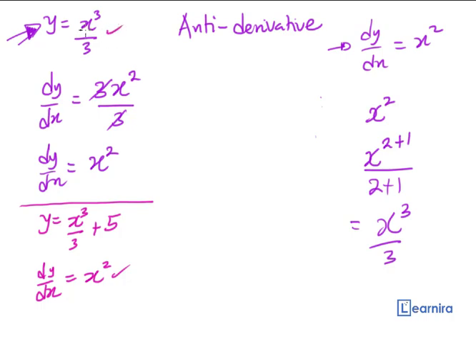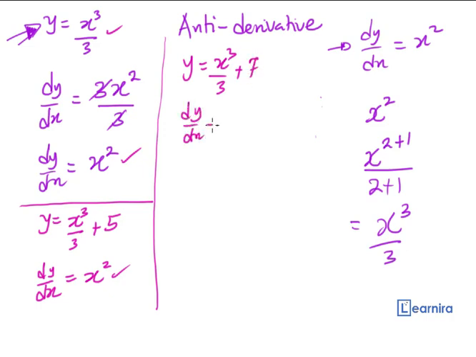I differentiated x raised to the power 3 all over 3 and got this as the result. Even if I differentiate, let's say, y equal to x raised to the power 3 all over 3 plus 7, I'll still get dy over dx is equal to x squared, because 7 is a constant.